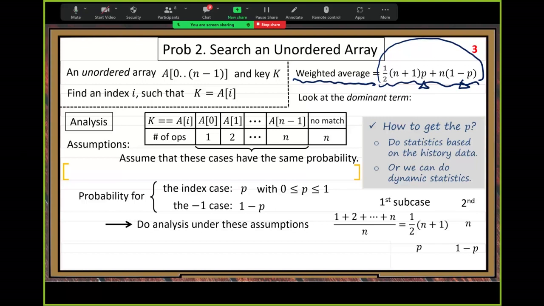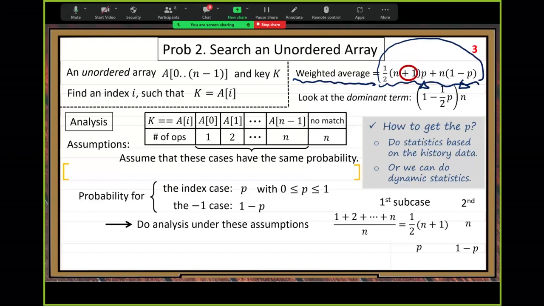So here, if we consider the major term, the dominant term, we only look at the terms containing the variable n. So then we have this expression: the parenthesis 1 minus 1/2 p, times n.